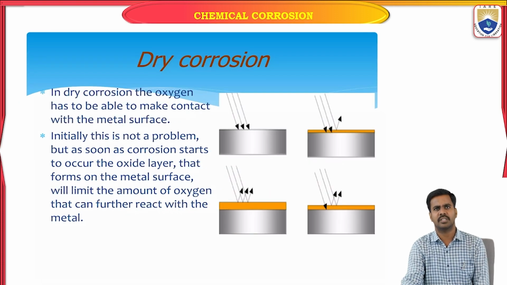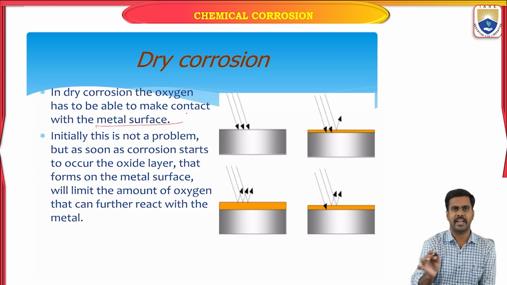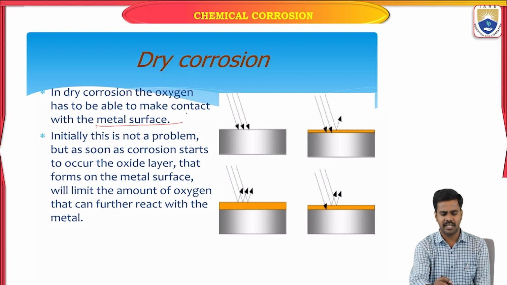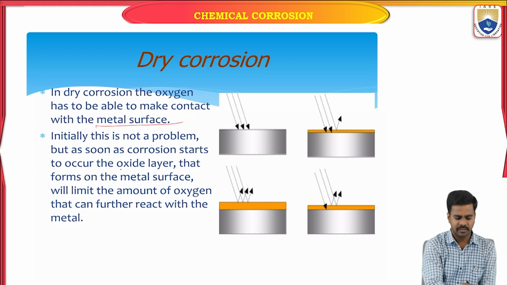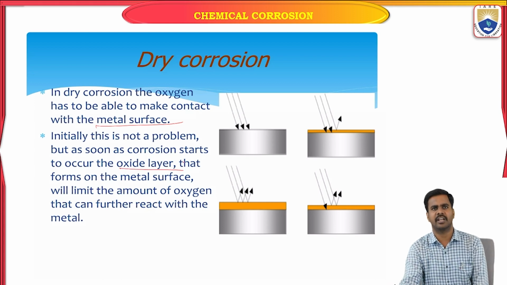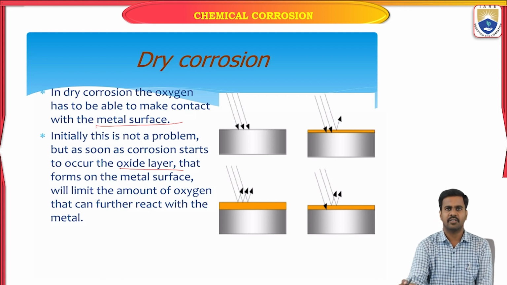In the dry corrosion process, oxygen has to be able to make contact with the metal surface. Initially this is not a problem, but as soon as corrosion starts to occur, an oxide layer forms on the metal surface. So here you can see it.